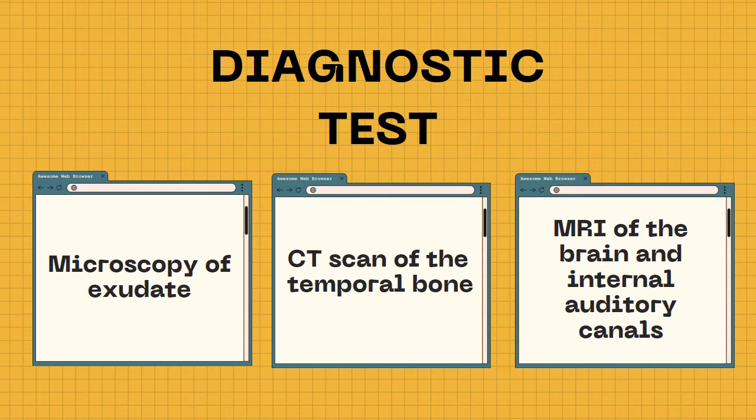Magnetic resonance imaging, or MRI, of the internal auditory canal is a non-invasive, painless diagnostic imaging procedure that uses radio waves and a strong magnetic field to create detailed images of the bony canal that transmits nerves and blood vessels from the base of the brain to the inner ear.